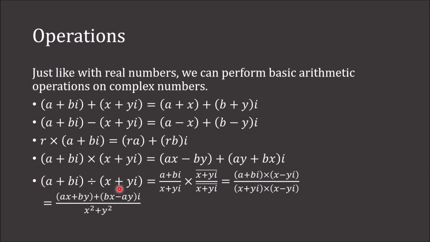When you divide complex numbers, this works much like rationalizing in algebra. You multiply both the numerator and the denominator by the complex conjugate of the denominator. Then it becomes two complex multiplication problems. Now, there is no need to memorize these formulas. As long as you do the work out for each problem, you'll get the correct answer.